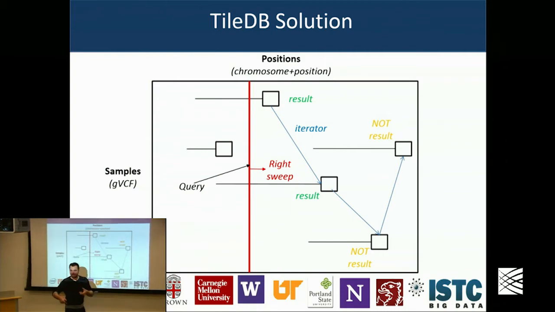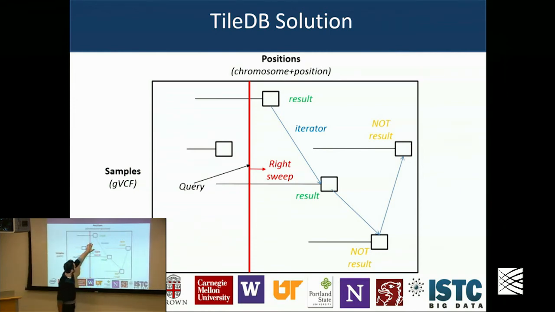I have implemented an iterator which essentially takes this and scans it. And I'm going to scan until I find the first end position after the query position for all the rows of concern. So I'm going to find this. This is the result. I'm going to explain why. Then I'm going to find this. Then I'm going to find this. Then I'm going to find this. And I'm done for these 4 rows.